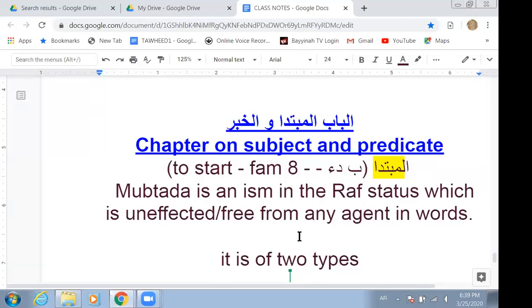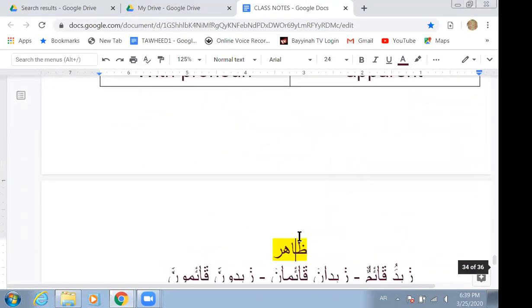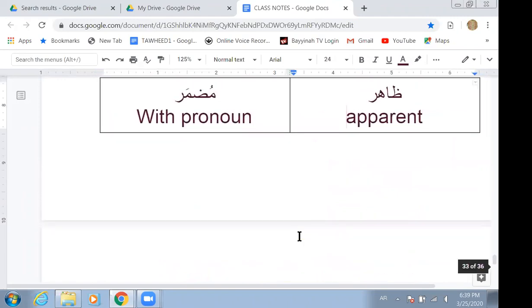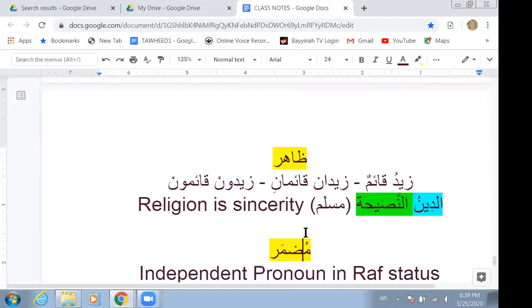Mubtada is the ism in the rafa status, which is unaffected by an agent in word. So it doesn't really have any agent to give it the rafa status. The default is rafa. It has two types, the zahir, apparent, and the muzmar with the pronouns. When it is zahir, the examples were in the text: Zaidun qa'imun, Zaidun is the mubtada, qa'imun is the khabar, Zaidani qa'imani, and Zaiduna qa'imuna.